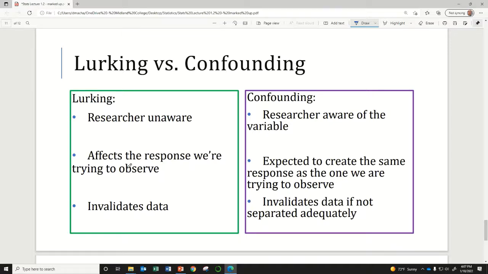A lurking variable does affect the response that we're trying to observe, and a confounding variable is one that we expect to create the same response as the one we're trying to observe, right? And a lurking variable, of course, invalidates the data, and a confounding variable can definitely invalidate data, if you don't somehow find an adequate way to separate the confounding variable from the variable we're trying to study.